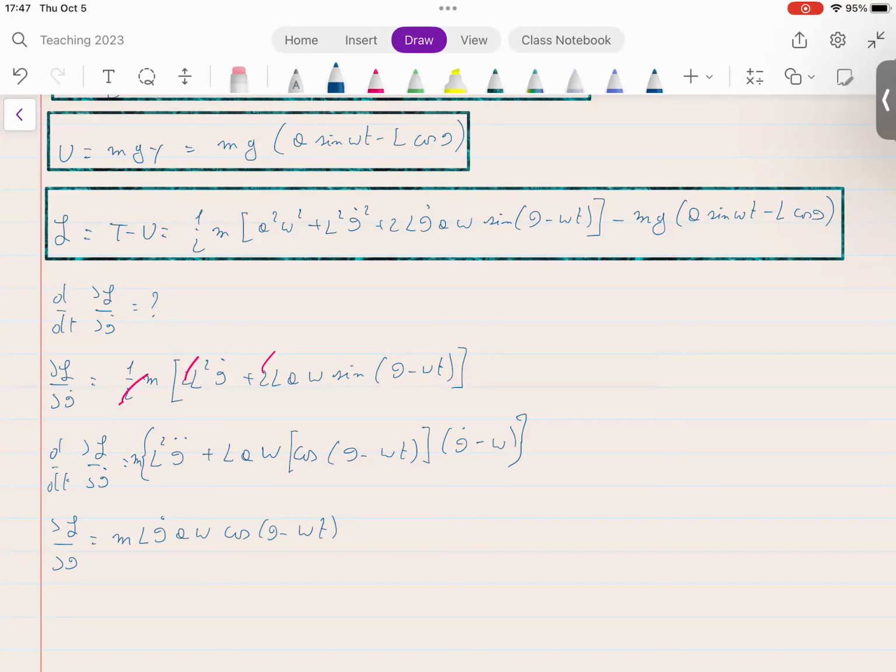And the other piece gives me minus m times g times L. Derivative of the cosine is minus the sine. So that leaves me with the correct signs.